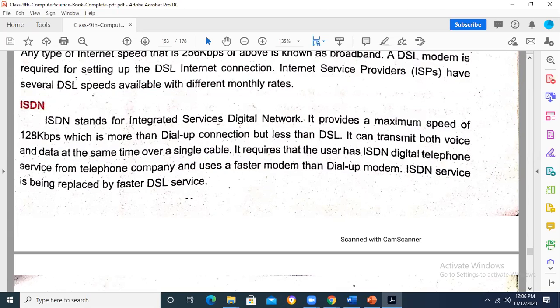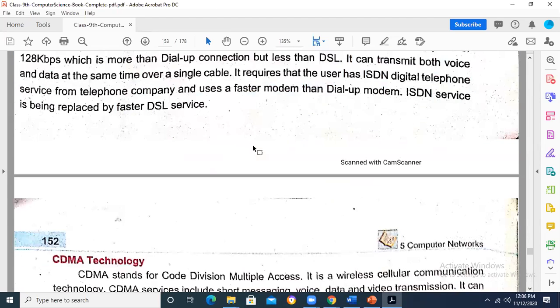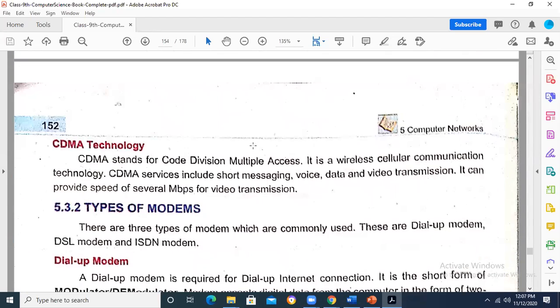This was the point we discussed. It requires that the user has ISDN digital telephone service from the telephone company and uses a faster modem than the dial-up modem. ISDN service is being replaced by DSL. So DSL replaced it, and we had DSL technology.